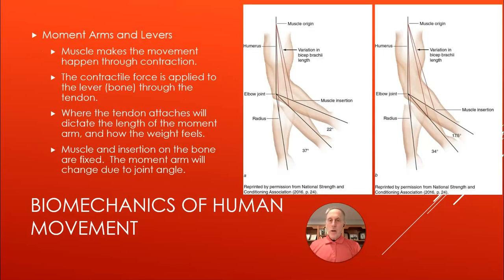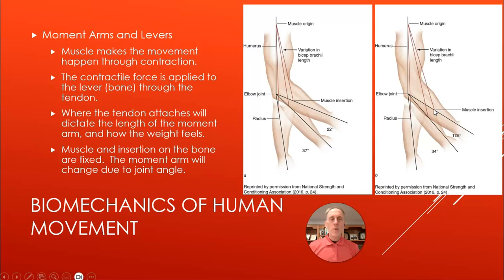The book gets into moment arms and levers, and they provide this example side by side where they talk about the bicep length. Depending on the length of the bicep and where it attaches will affect how the resistance feels. That will change the actual moment arm. And you can see over here, the distance between the elbow joint and the muscle insertion is different here than it is here.